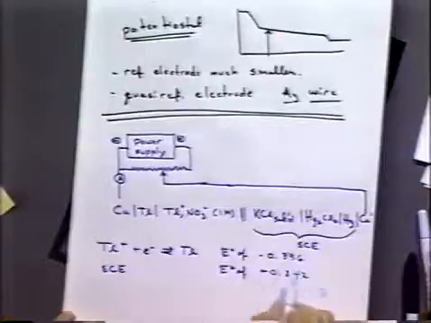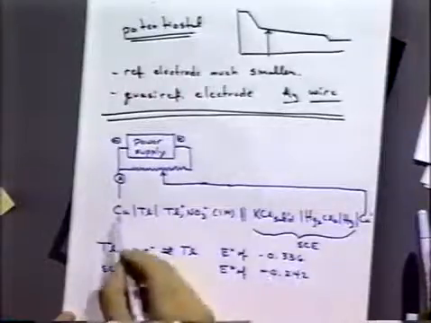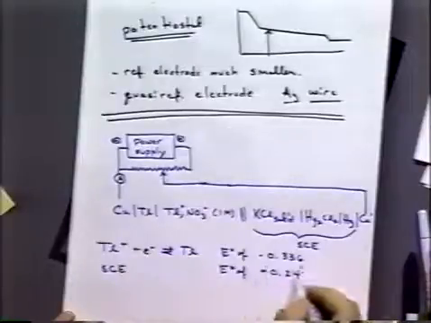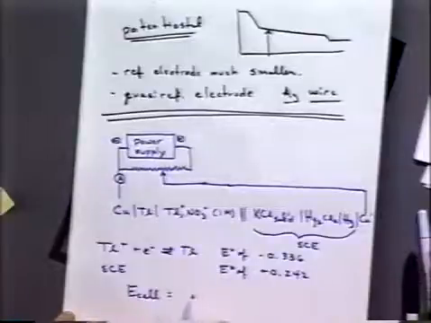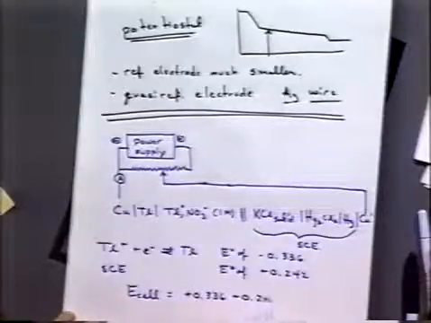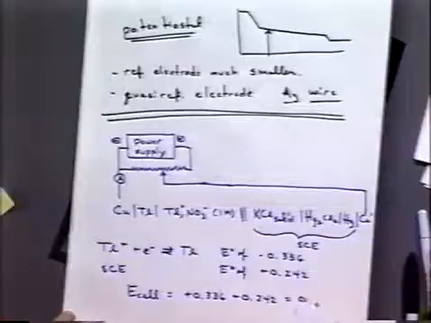And since this is actually an oxidation, because we've got that as the anode, we would flip that potential around and we find that the E cell would be equal to plus 0.336 plus 0.242, equal to 0.578 volts.